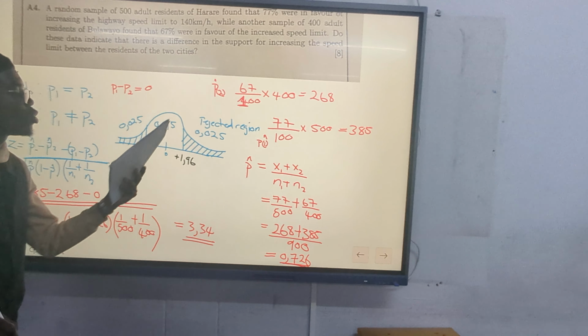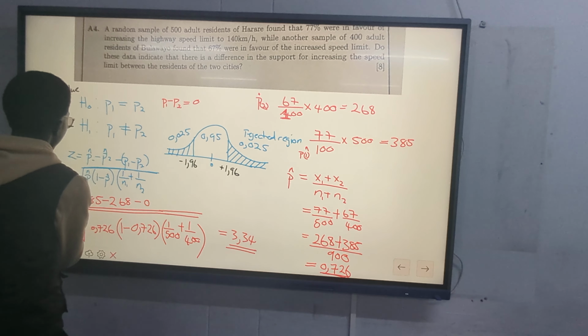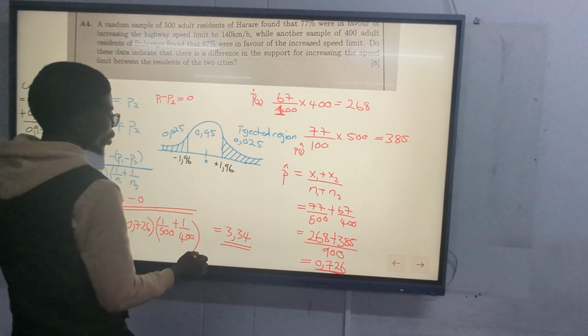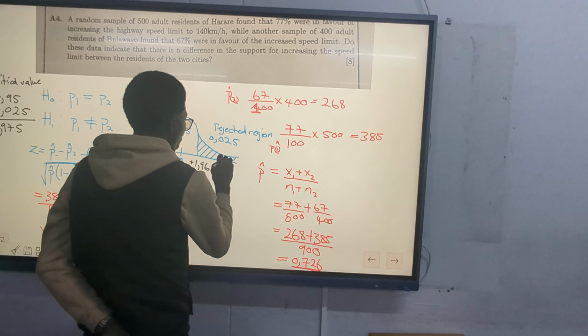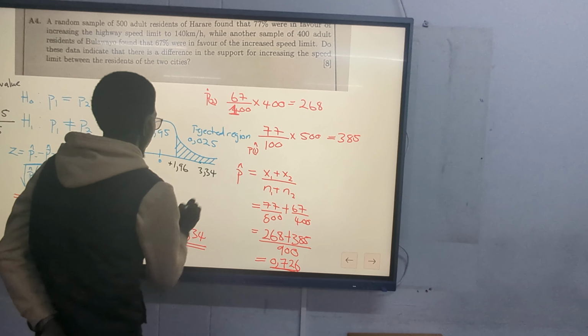Since it is a two-tailed test, we have found out that the z-test value of our proportion, 3.34, lies outside this interval.